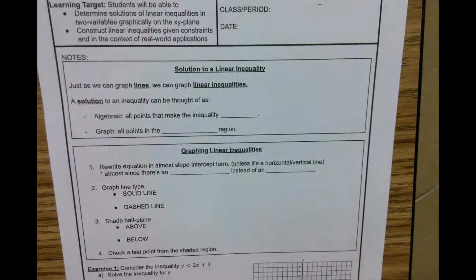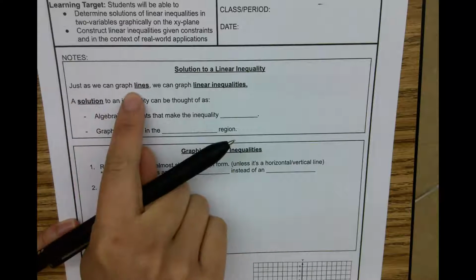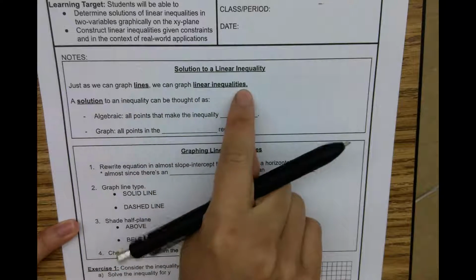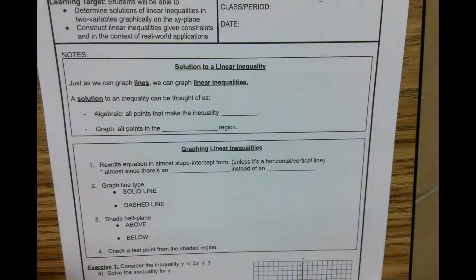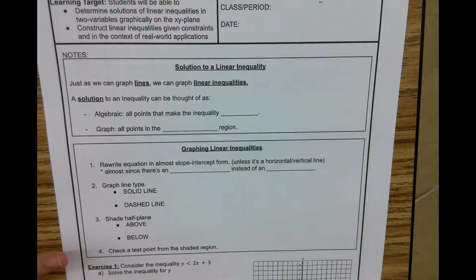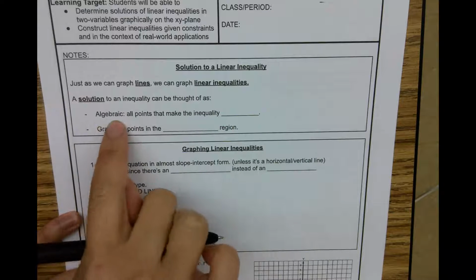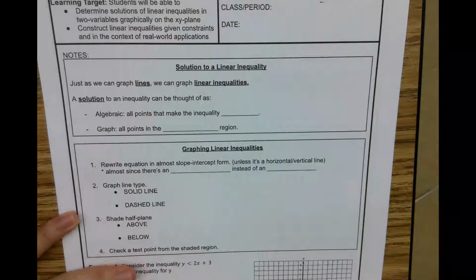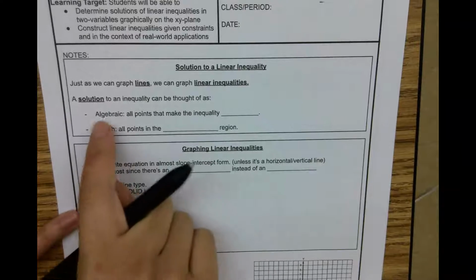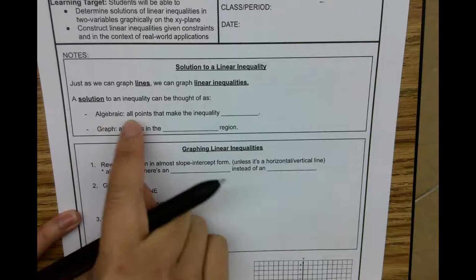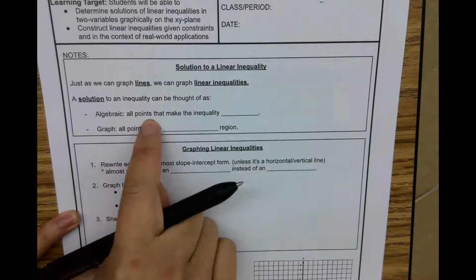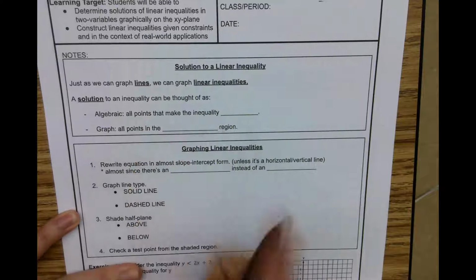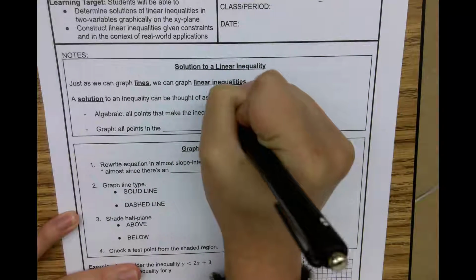So a solution to a linear inequality, right? We've already learned how to graph lines. Just as we can graph lines, we can also graph linear inequalities. And a solution to an inequality can be thought of in two ways. One is algebraically, and the other one is on a graph. When we're talking about algebraically, a solution is all points that make the inequality true.